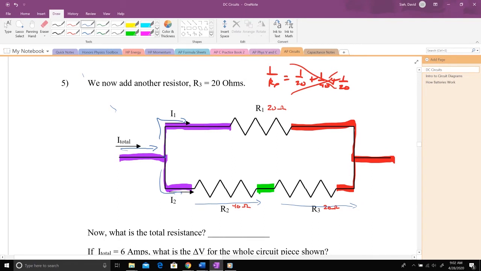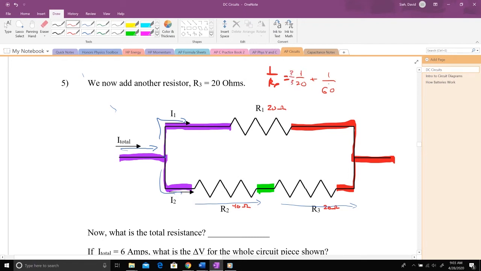And so what I have in parallel up here is the top branch, which is 20 ohms, in parallel with the bottom branch, which is 60 ohms. So that's what I have to add. Adding these fractions, you've got to get a common denominator, so I'm going to multiply this one by 3 over 3.